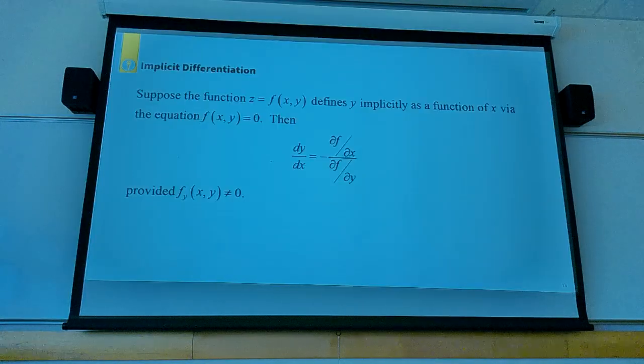Then dy dx is negative partial f partial x over partial f partial y, provided partial f partial y is not 0. Oh, that just made the process a lot simpler. No more algebra.